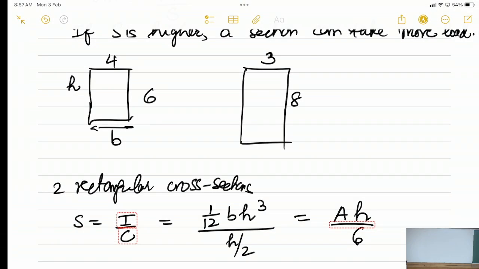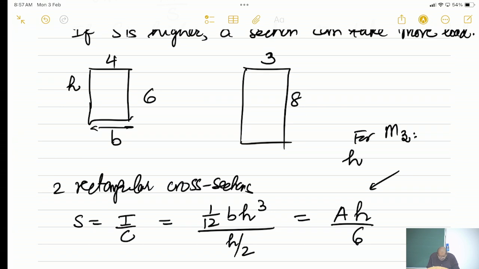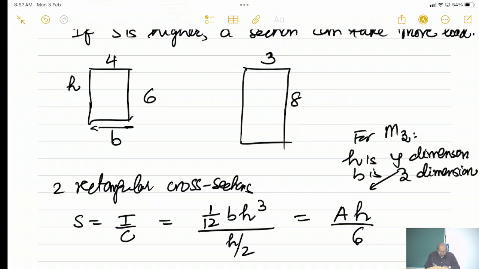So, h here, for M sub z, h is the y dimension and b is the z dimension.